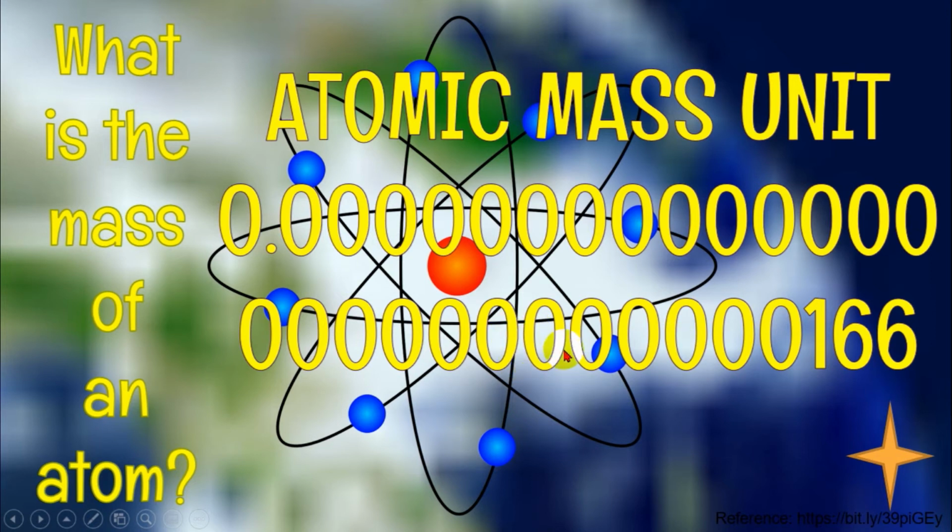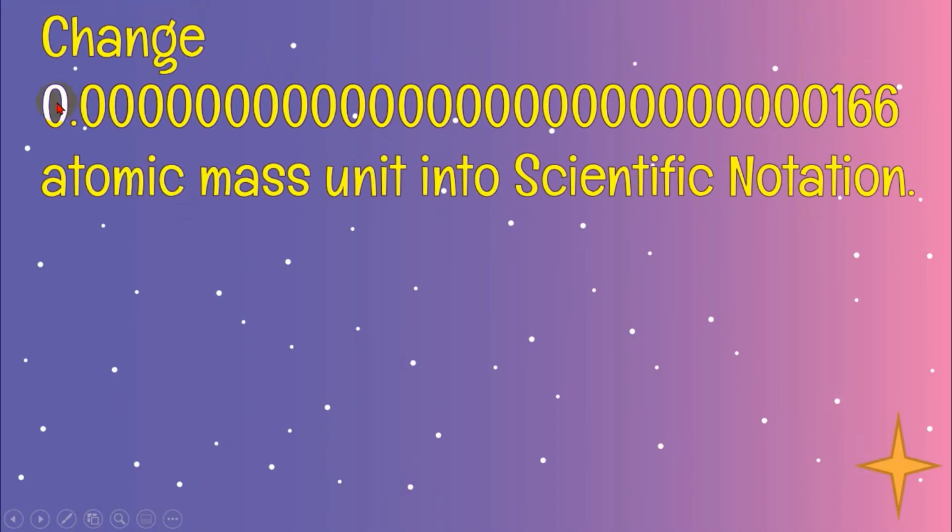You cannot see an atom. Okay? But anyways, hindi naman yun yung target natin. What we're going to do is to change that given long number into its scientific notation.